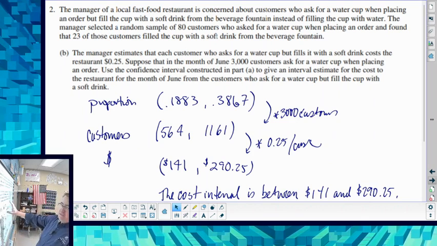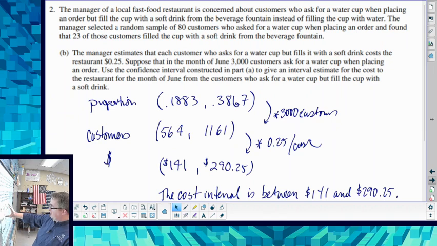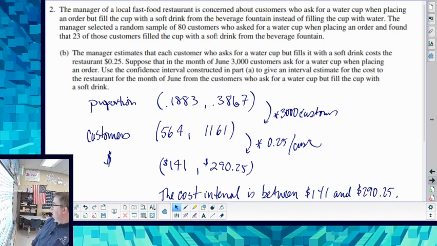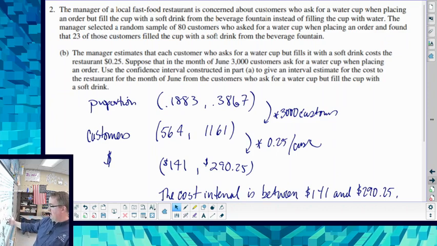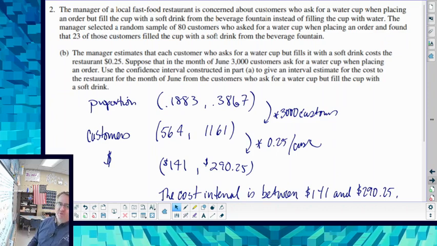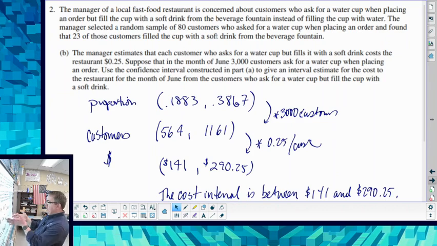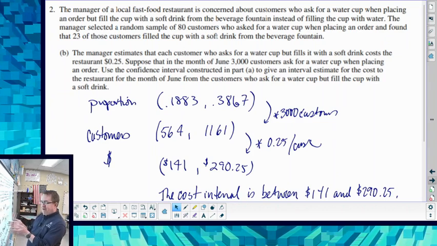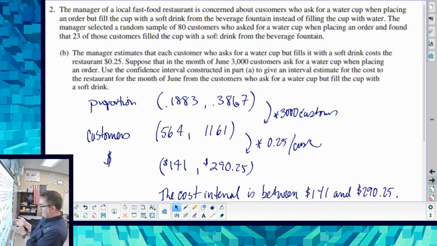We already have the confidence interval for the proportion. First, we need to figure out how many customers that is, so we're going to multiply both of those proportions by 3,000. So the 18% and the 38% turn out to be 564 and 1,061 customers.